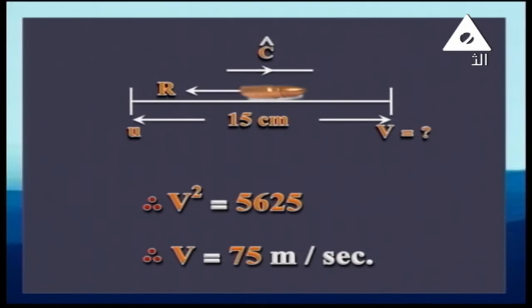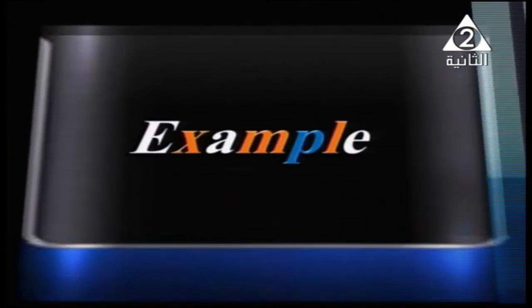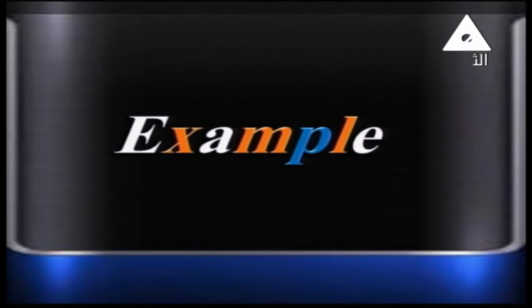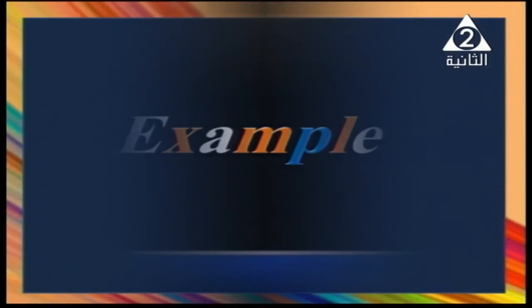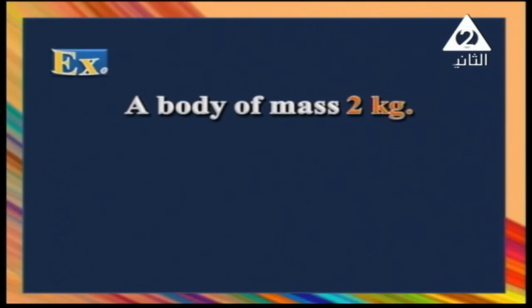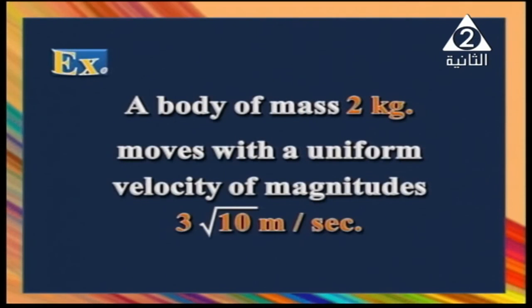This is the velocity. My dear student, now we take another example. A body of mass 2 kilogram moves with uniform velocity of magnitude 3 root 10 meter per second.